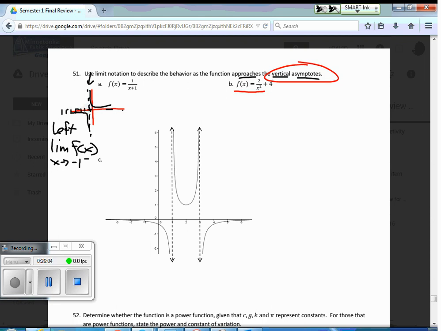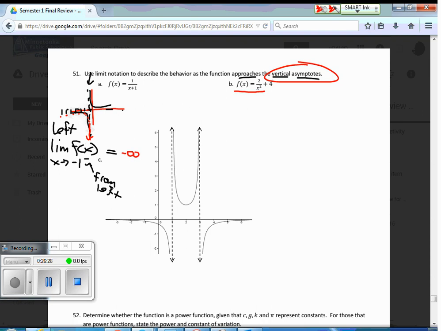You remember how you have to put an extra little sign right there? Some of you forgot that on the test. Limit of the function as x approaches -1 from the left equals, when I get there, as I approach, I'd be coming in on this train track right there, and it would force me down, -infinity.